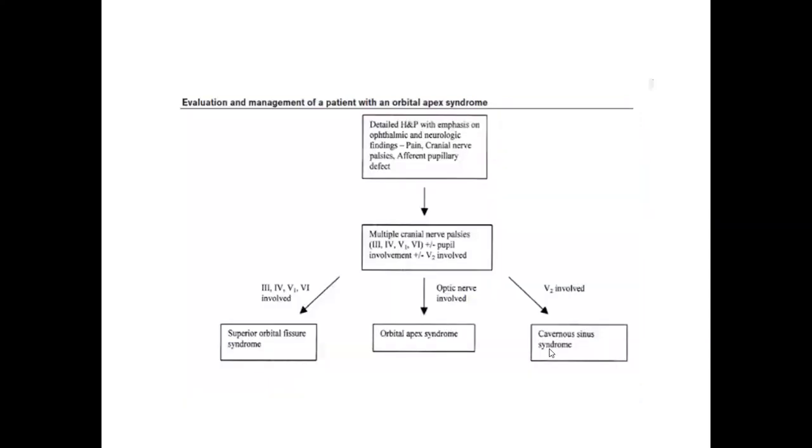So any patient with multiple cranial nerve palsy with pupillary defects, we have to differentiate V1 segment, V2 segment, and optic nerve. If only V1 is involved, we label it superior orbital fissure syndrome. If V2 is involved, cavernous sinus syndrome. If the optic nerve is also involved, then orbital apex syndrome.